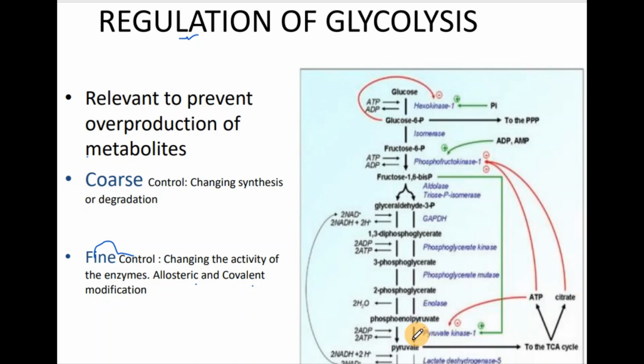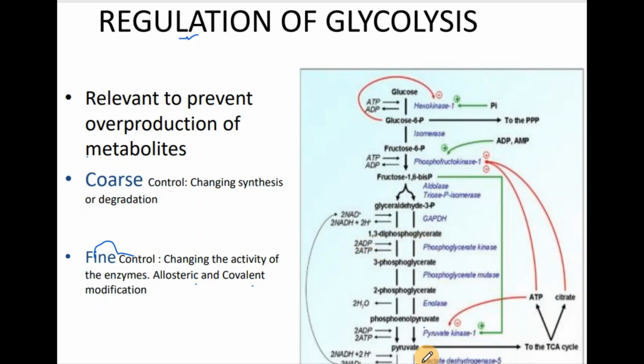So this one too is not really the control step, because if you try to use this step as a control step of glycolysis, we are going to produce some ATP at somewhere around step 7. Step 7 is from 1,3-bisphosphoglycerate to 3-phosphoglycerate. Here, ATP is produced through substrate level phosphorylation.